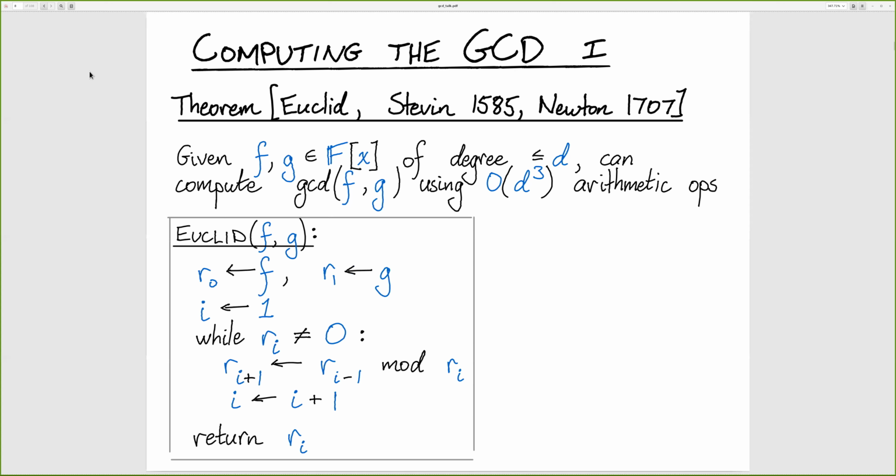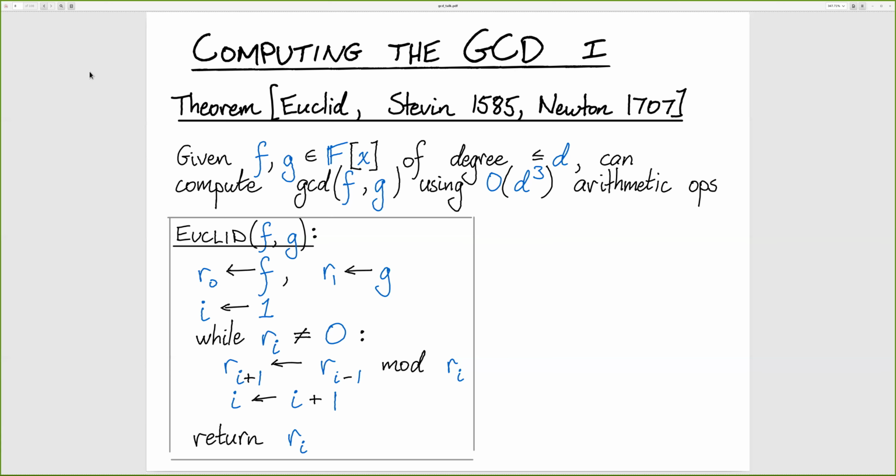You start with f and g, and you compute a sequence of remainders. In the very first step, you take the remainder of f when you divide it by g. You write that down as some remainder R2. Now you take g, divide it by whatever that remainder R2 was, you get some new remainder R3, and you keep doing this division with remainder.